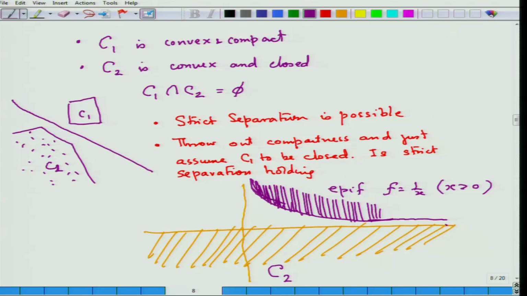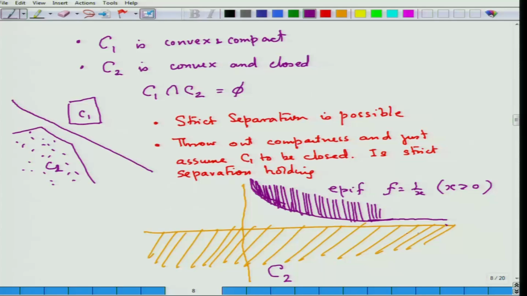So, if I draw any line other than the x axis to separate this epigraph of f and C2, then no matter what line I draw, there will be a point where it will cut the epigraph of f, because it is asymptotically going towards 0. As a result, even though these two sets are closed and have empty intersection, you cannot have a strict separation. Here the separating line is this x axis, the yellow line. So, that is why compactness is so very important.